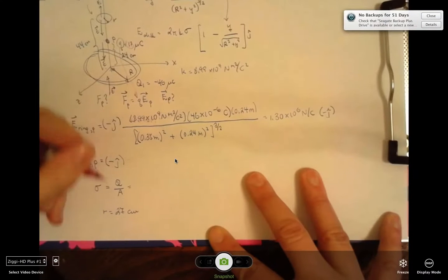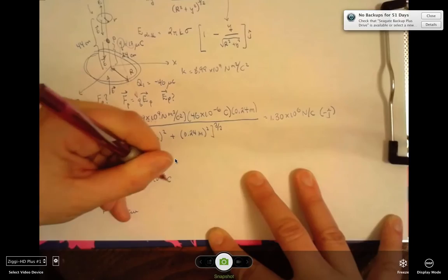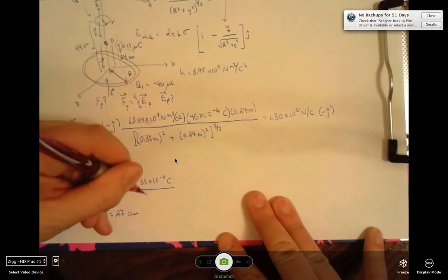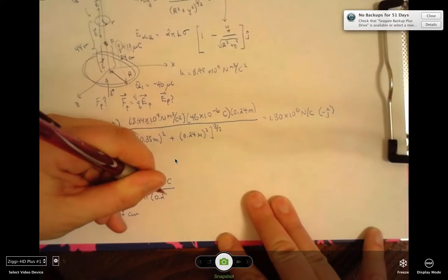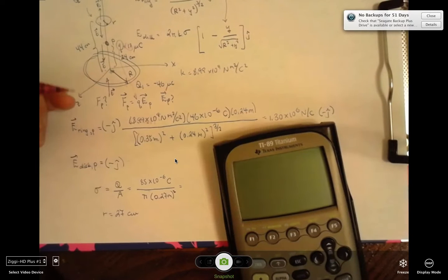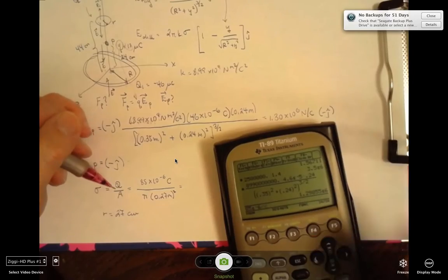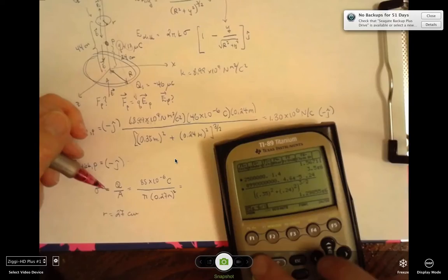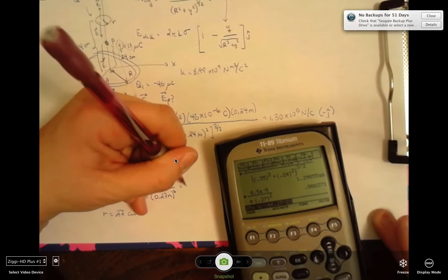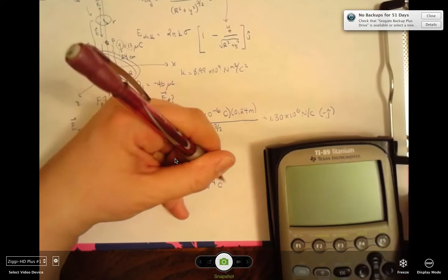So this is going to be the total charge on the disk, which we said was 85 times 10 to the minus 6 coulombs, divided by the area of the disk, which is pi r squared, 0.27 meters squared. So 85 e to the minus 6 divided by, in parentheses, pi times 0.27 squared, gives our sigma value, 3.71 times 10 to the minus 4 coulombs per meter squared.